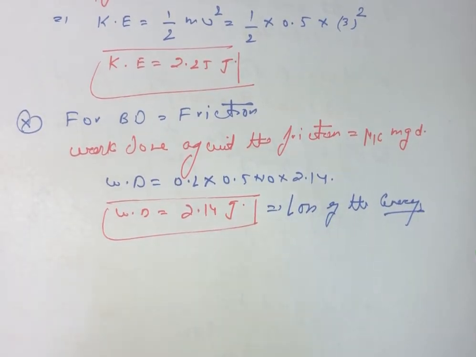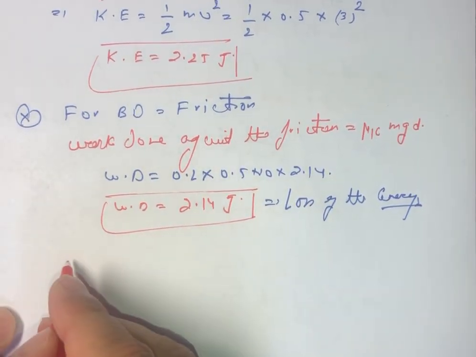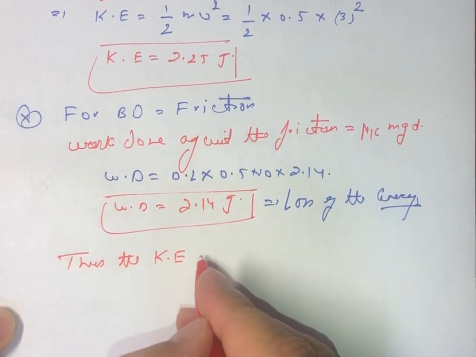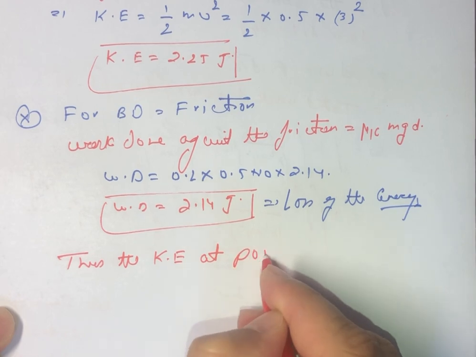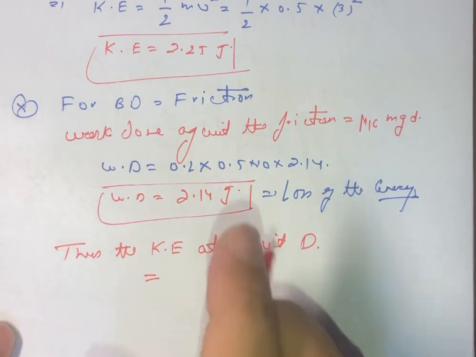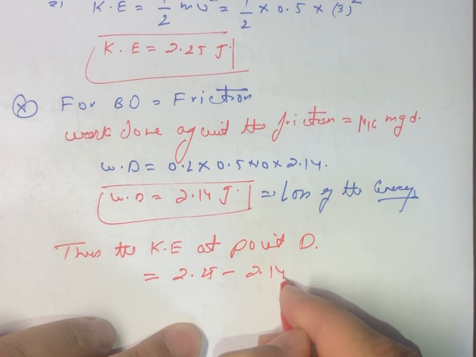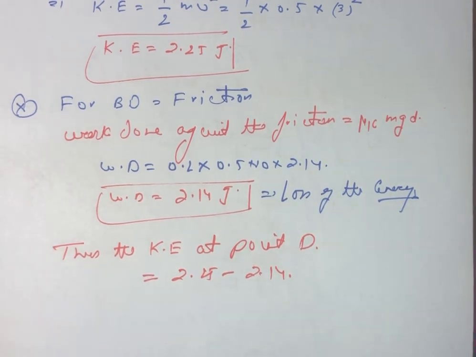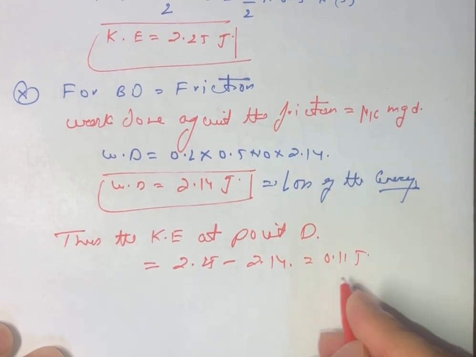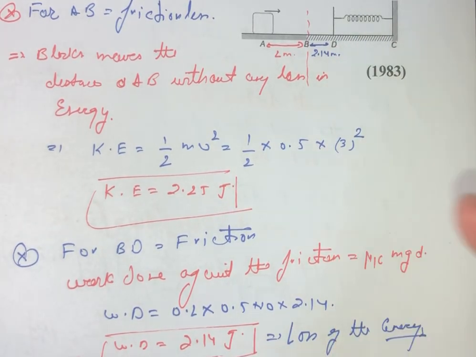Therefore, we can find the kinetic energy at point D. The kinetic energy at point D will be equal to 2.25 minus 2.14, and this will be 0.11 joules. So this is the kinetic energy at point D.